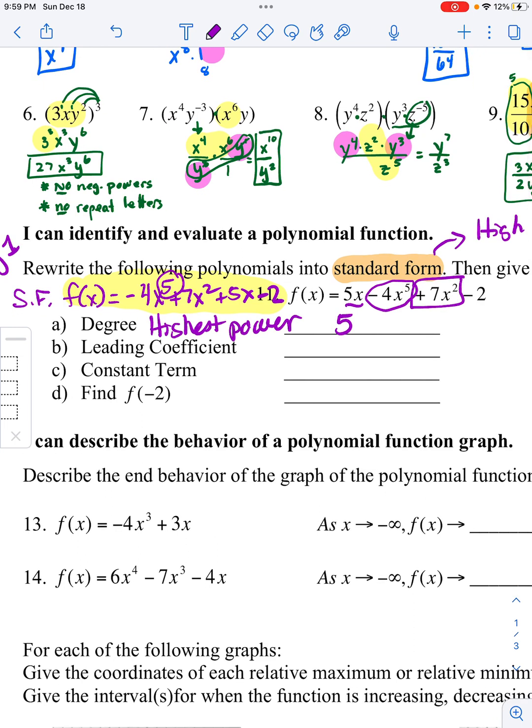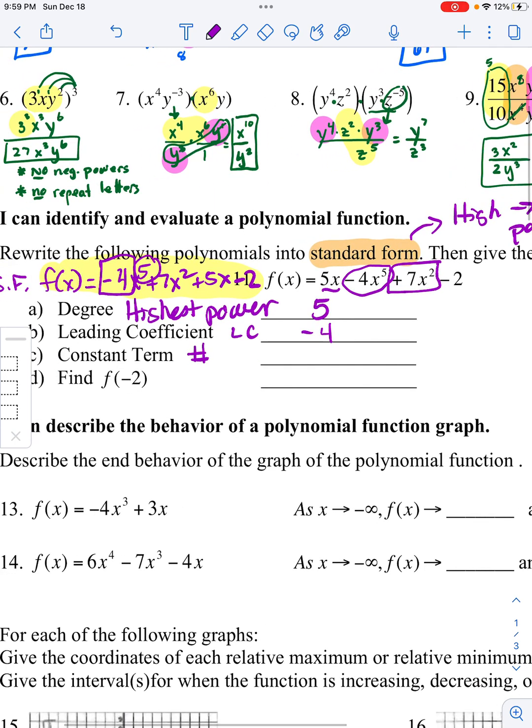Leading coefficient, it'll be called like the LC usually. That's going to be the number out in front once it's in standard form. So that's going to be a negative 4. And again, when we get to end behavior, we'll pay attention to whether that's positive or negative. Constant is just the number at the end, the caboose. And in this case, it's a minus 2.